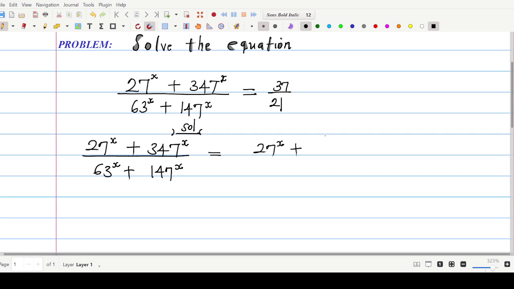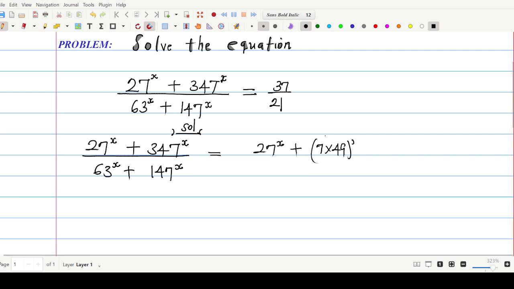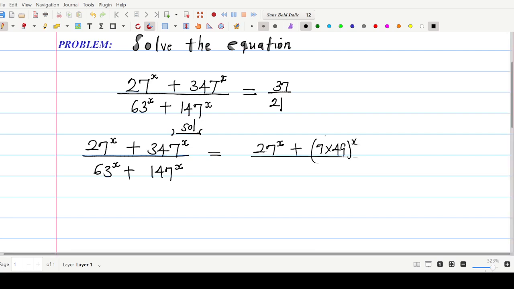So in that case I can write this as 7 times 49 to the power of x, then over, 63 at the denominator can be written as 7 times 9 to the power of x plus, then we have 147 as 3 times 49, which is 3 times 49 to the power of x.